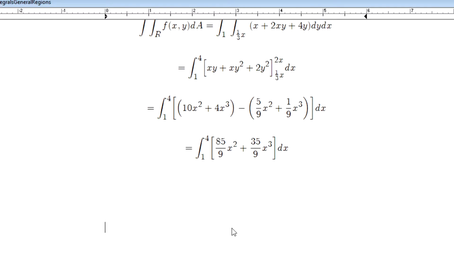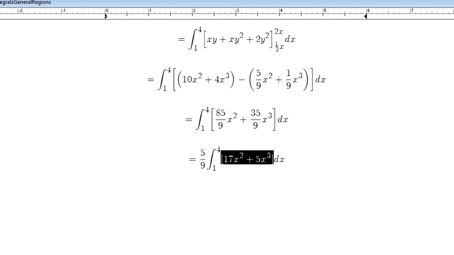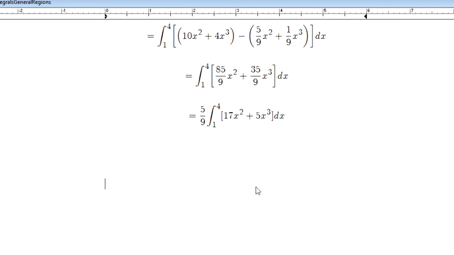When we produce that antiderivative, you can see here I've actually simplified it first. I took note that there is a common factor of 5 ninths in each of these terms, so I factored out that common factor. Then I'm considering the evaluation of this antiderivative for 17x squared plus 5x cubed.